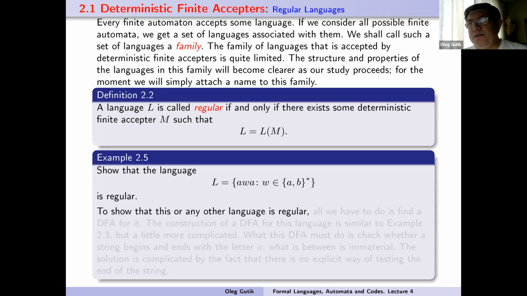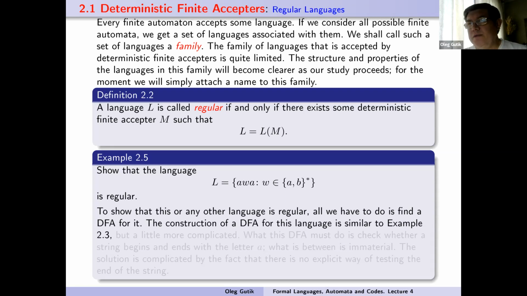To show that this or any other language is regular, all we have to do is find a deterministic finite acceptor for it.